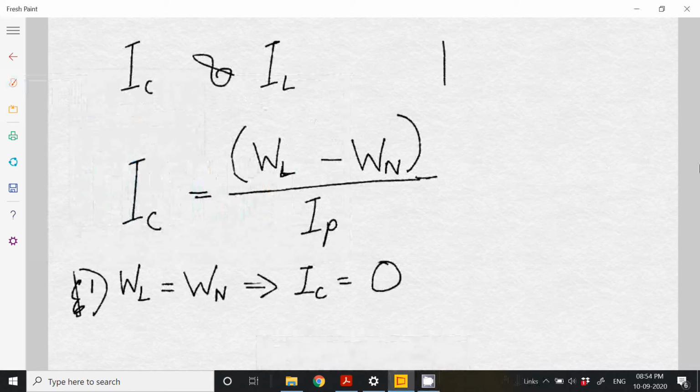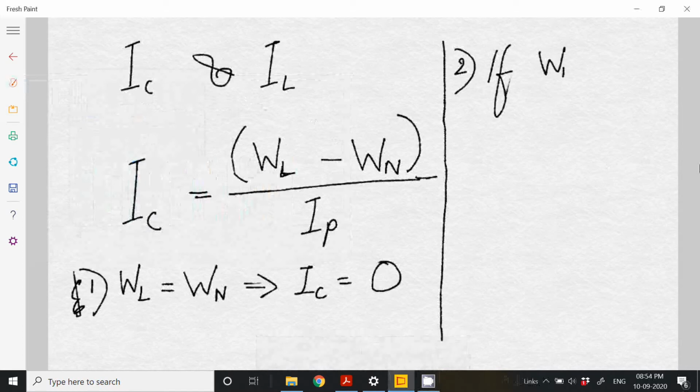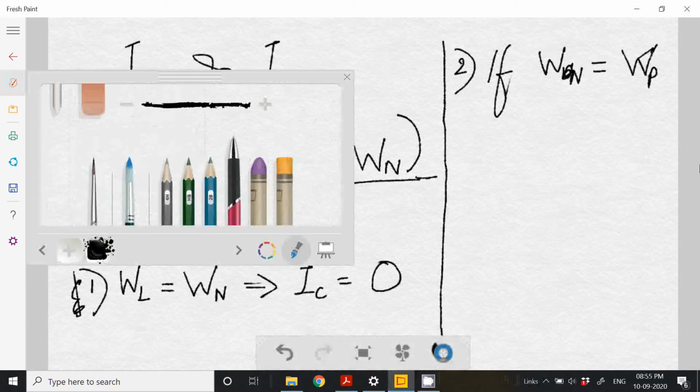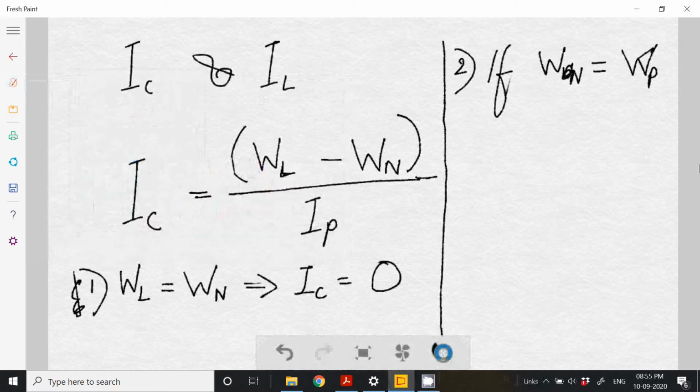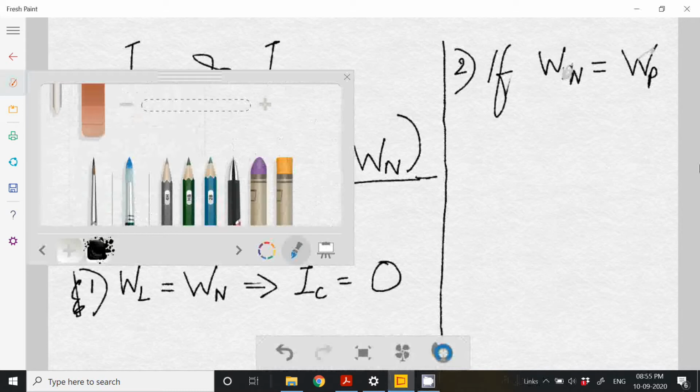Now, what will be the second situation? If natural moisture content is equal to plastic limit, then what will happen?